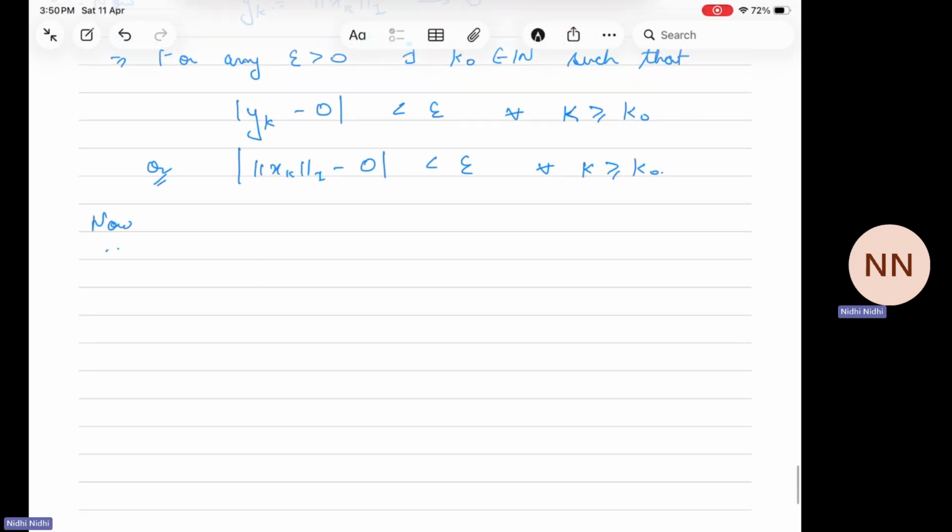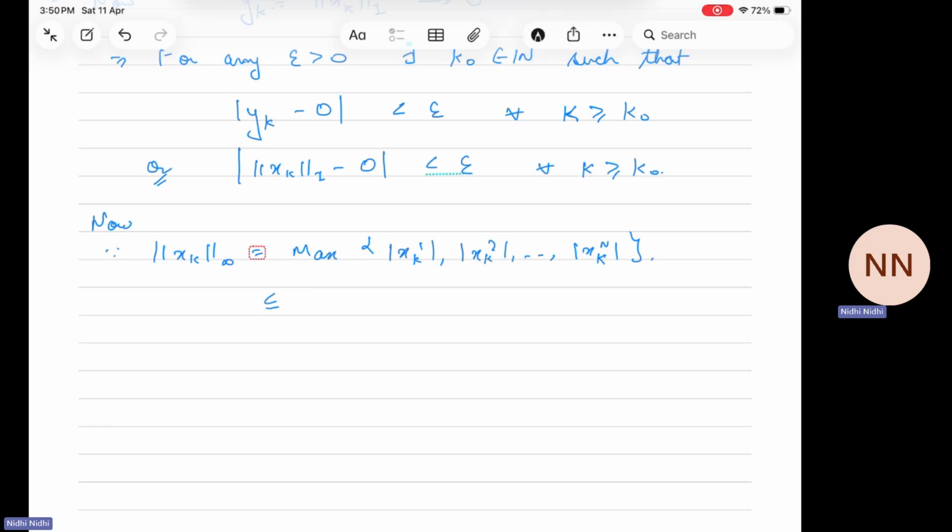Now, since the sup norm of xk is equal to the maximum of xk1, xk2 up till xkn, obviously this will be equal to some xkj.